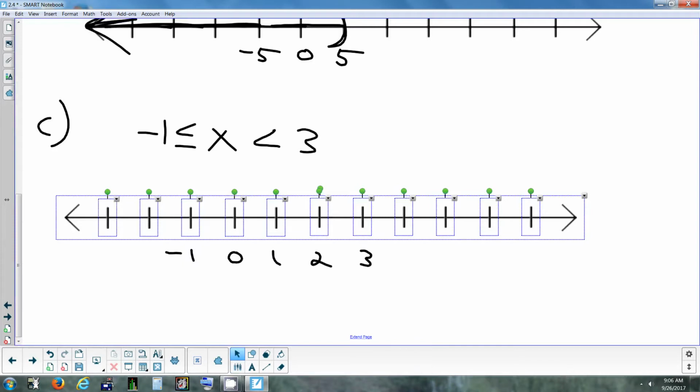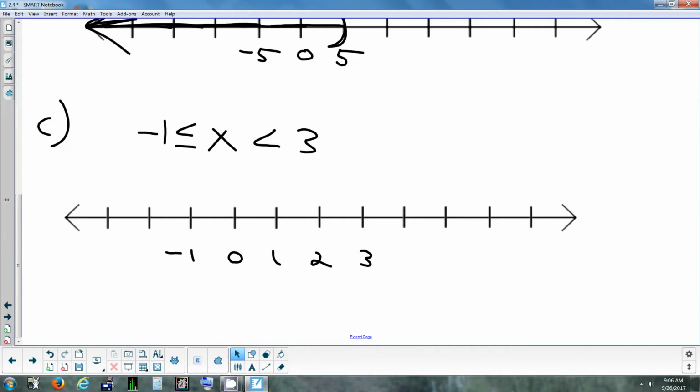And Gracie, can you tell me what kind of symbol I would put on -1? Careful, not on the -1. Would it be a circle? Well, we are going to use the brackets or parentheses, but in this case, the -1 is a bracket.